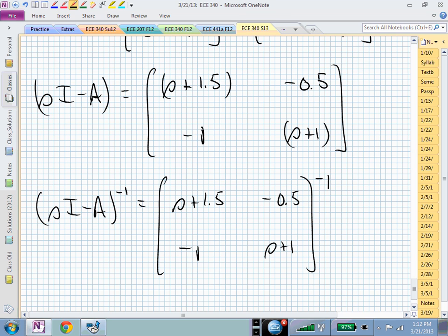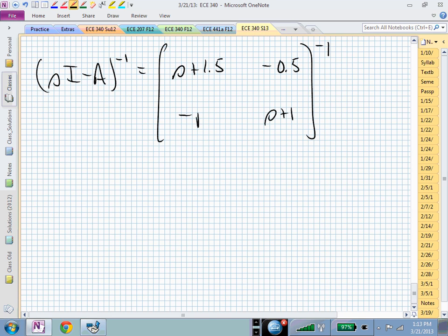And you probably all remember that the inverse of a matrix is the transpose of the matrix of cofactors. Maybe you don't. Well, then you have to divide by the determinant, don't you? So the first thing we want to do to get this inverse is divide by the determinant. So now I'm going to say 1 over the determinant.